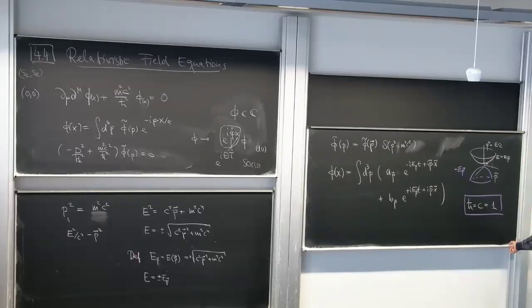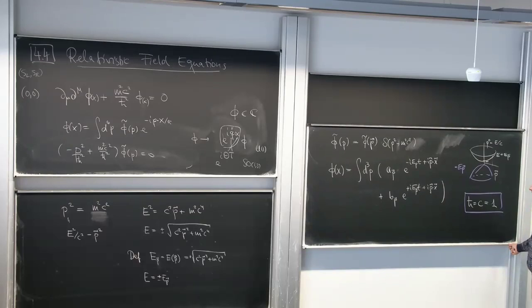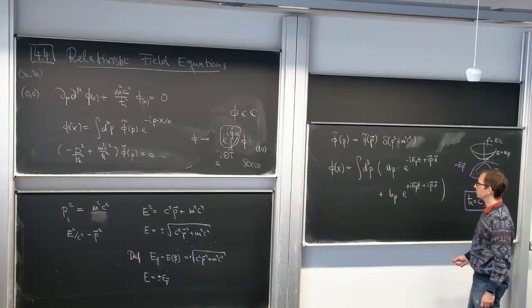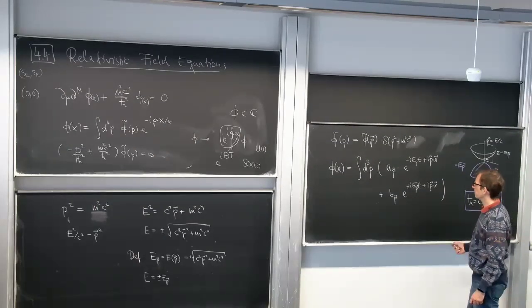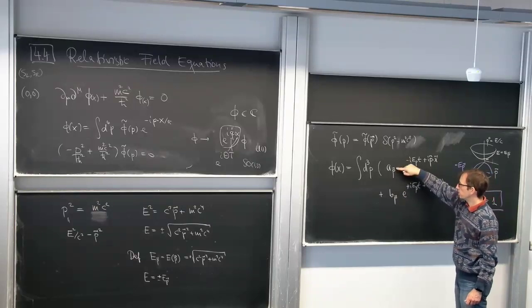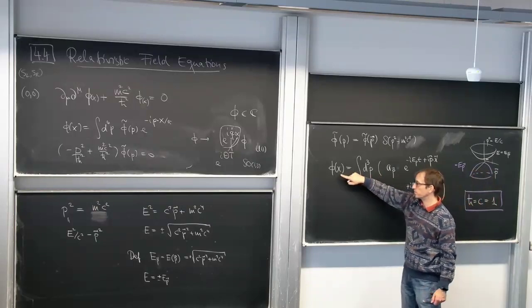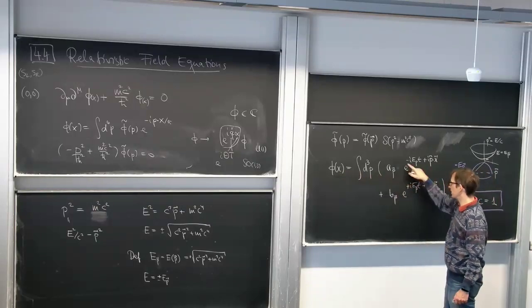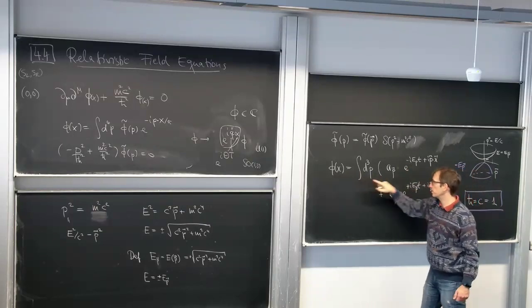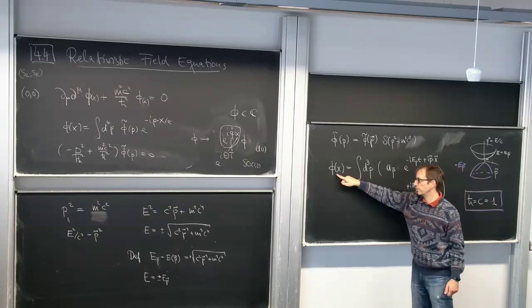And now, what was your question? From the field, how do we even get to the antiparticle term? Right. These things will be your oscillators. If I quantize, and this is my quantum field, then something has to be operated on this side. So this will be an operator, an operator valued field.